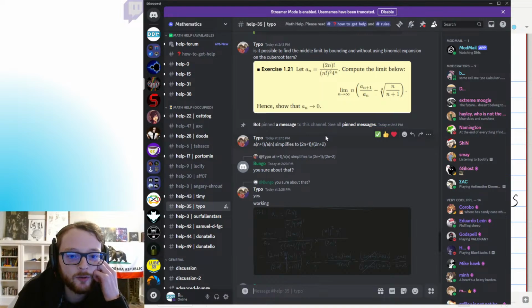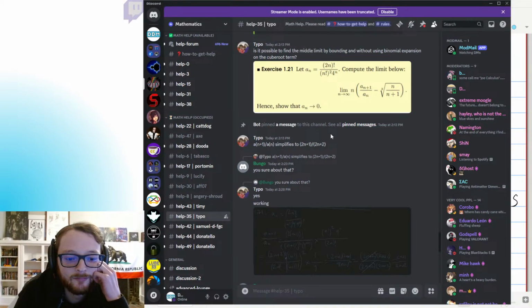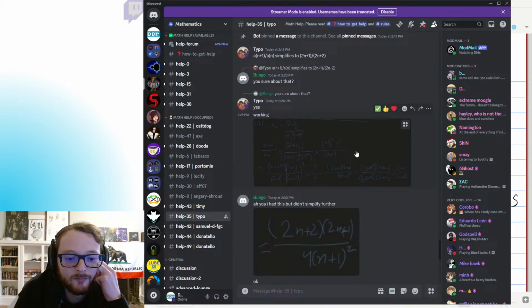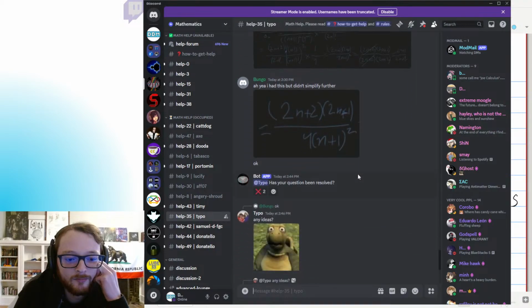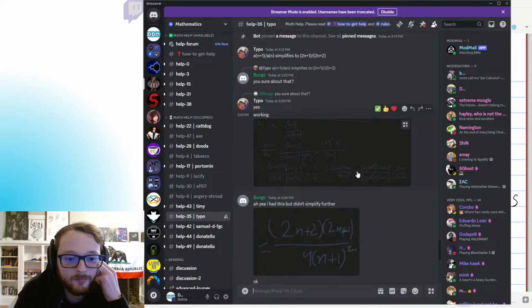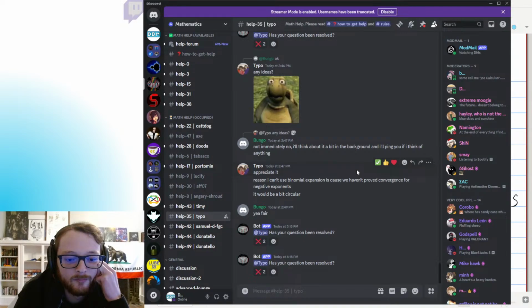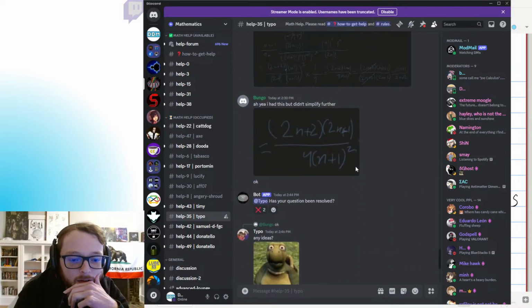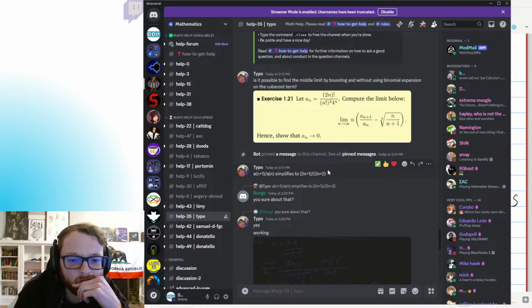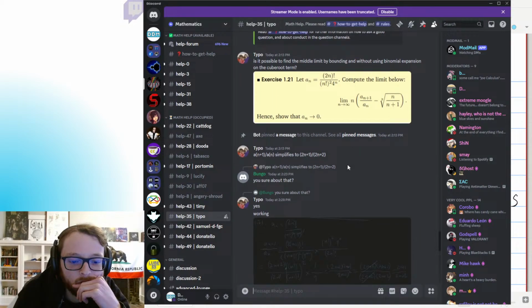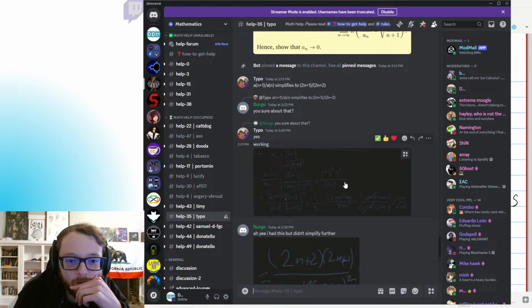Find the limit by bounding without using binomial expansion on the cube root term. Two n plus 1 over 2n plus 2.